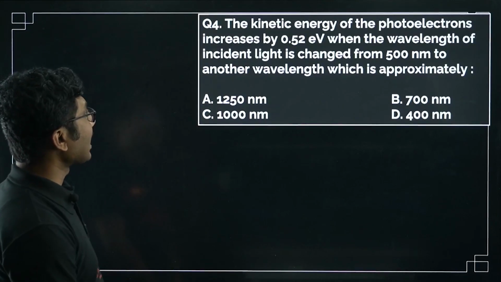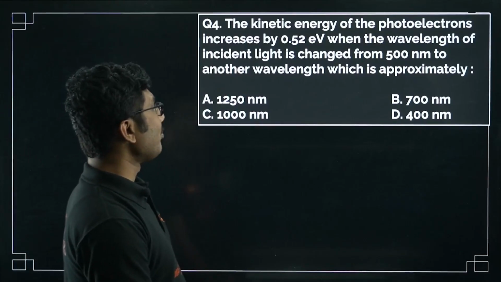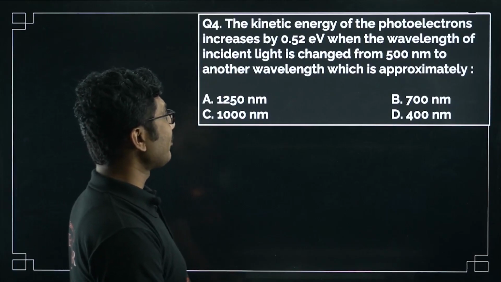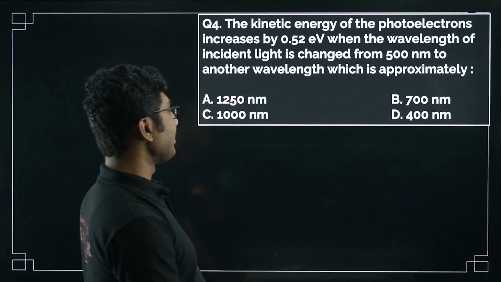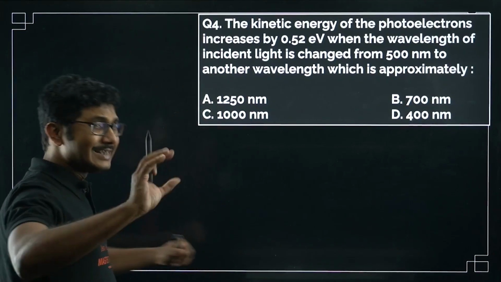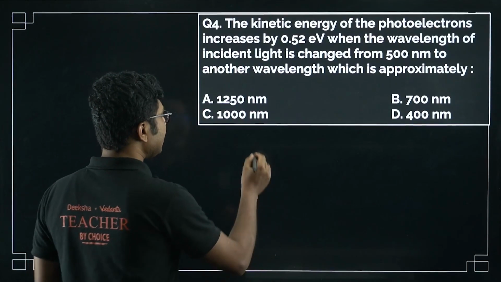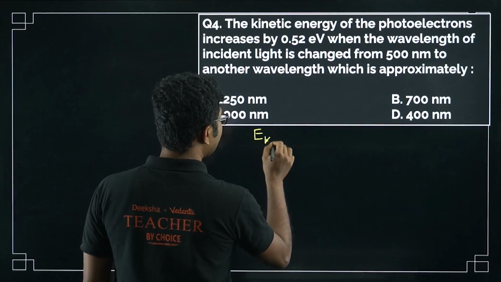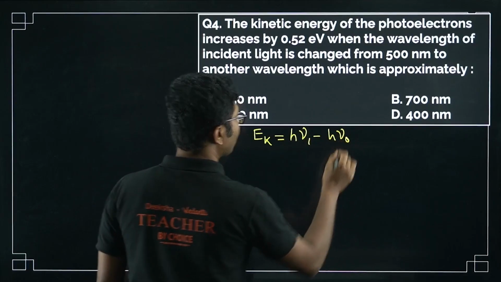Now, next question: the kinetic energy of the photoelectrons increased by 0.52 eV when the wavelength of the incident light is changed from 500 nanometer to another wavelength, which is approximately? Okay, so first of all, the change in energy is given. Suppose initially the kinetic energy Ek, same formula, was h nu 1 minus h nu 0.